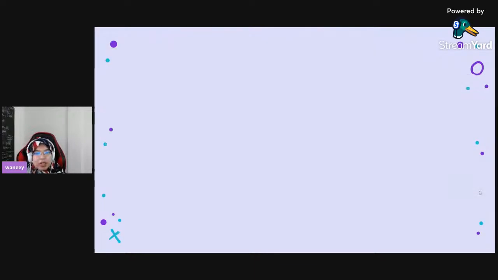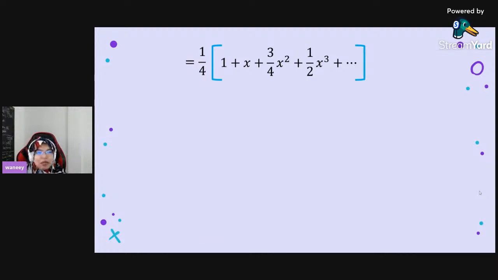Now the final answer for them is 1 plus x plus 3 over 4 x squared plus 1 over 2 x cubed plus dot dot dot. So when you expand them, you will have something like this. Therefore, what you need to do now is to multiply 1 over 4 with each of the terms, one by one.